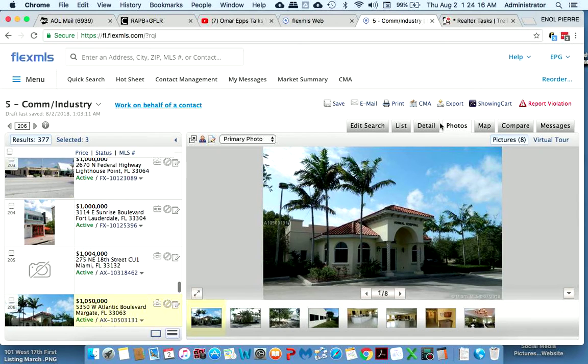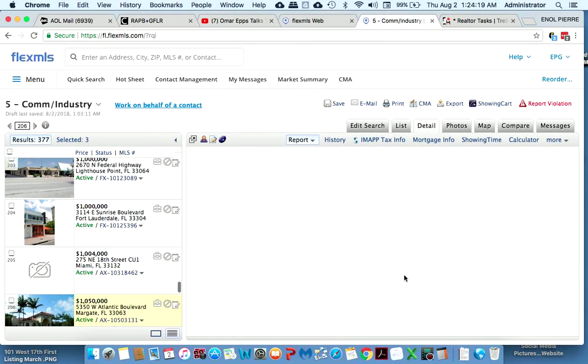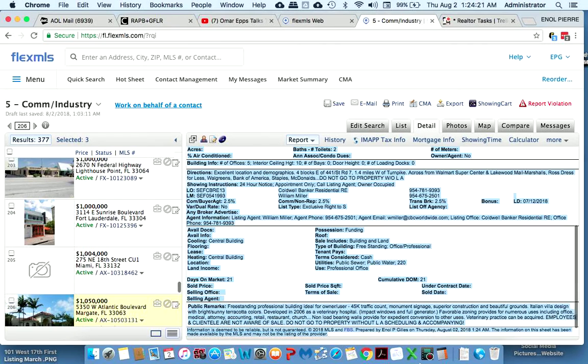Okay, so here goes Animal Hospital. Let's look at the details about this Animal Hospital. That's a sneaky thing right now. People are making business, having good business. Freestanding professional building developed in a favorable veterinary practice can be acquired. Employees and clientele not.